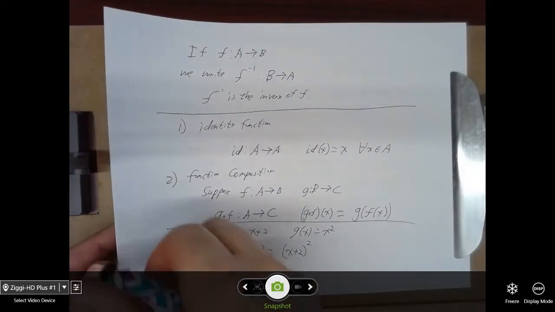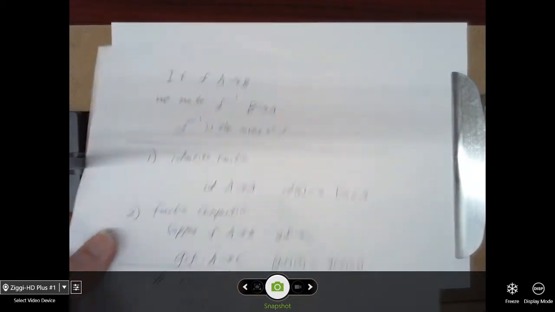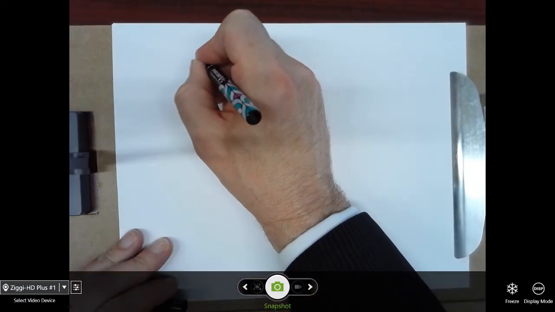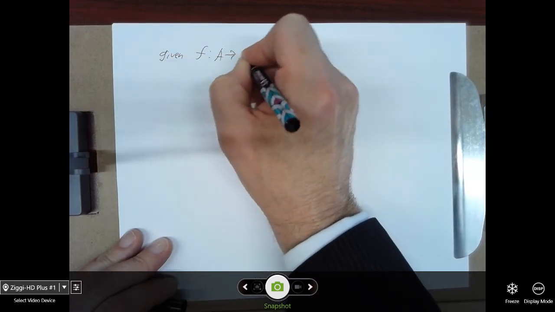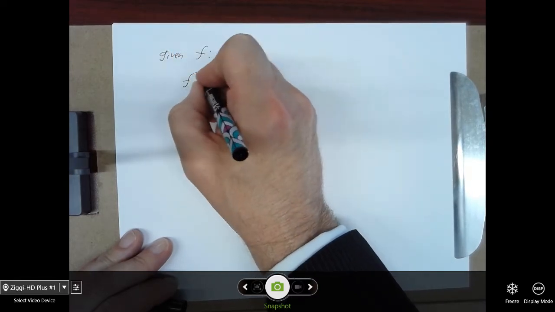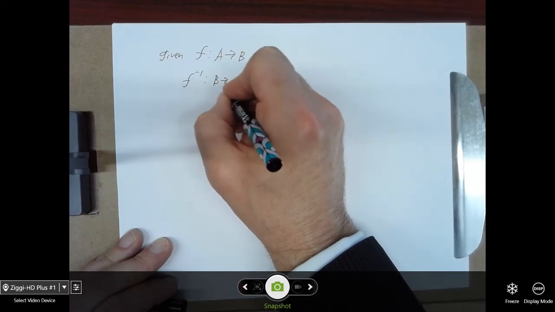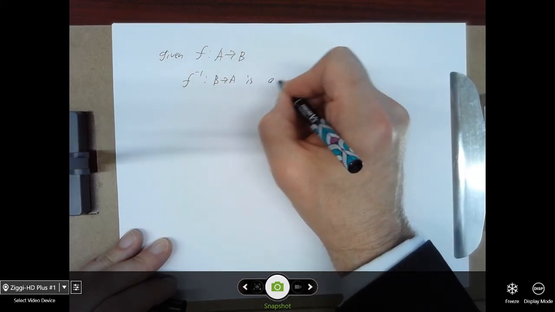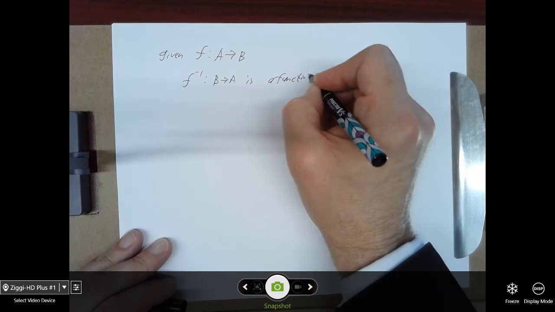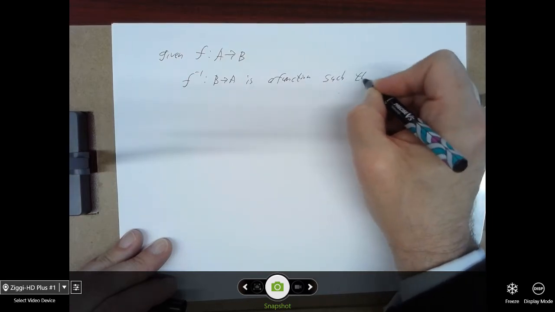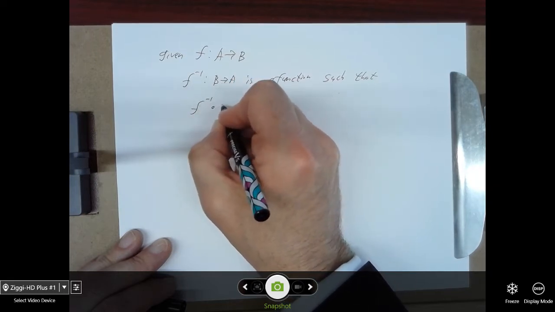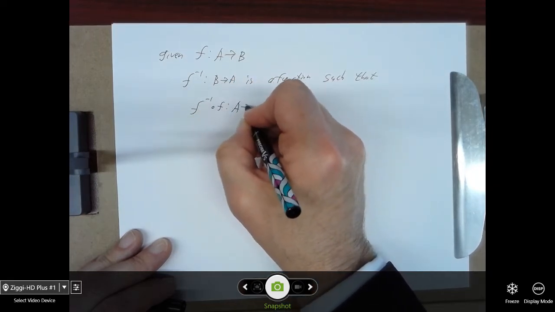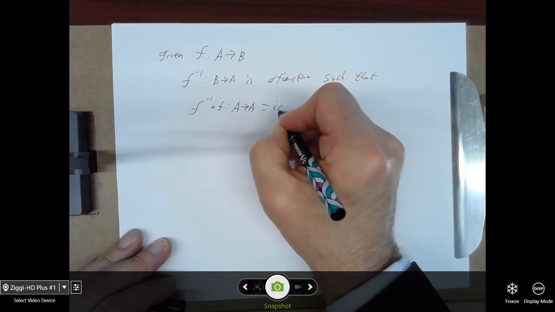So those concepts give us a way to define an inverse. Given f from A to B, f inverse from B to A is a function such that f inverse composed with f, we get the identity.